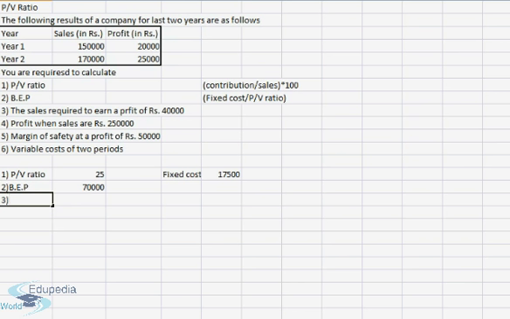The third point is the sales required to earn a profit of 40,000, which we already know how to calculate. We'll add the fixed cost and the desired profit amount.